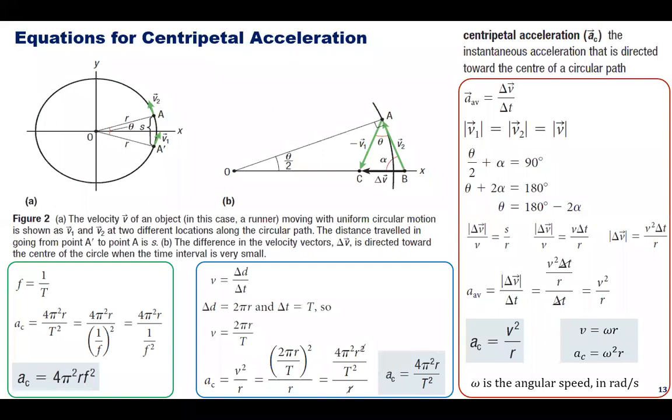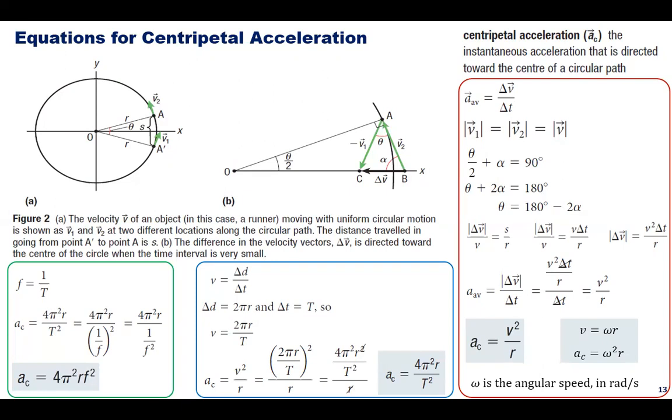Half of theta plus alpha equals 90 degrees, which means theta plus 2 alpha equals 180 degrees, which means theta equals 180 degrees minus 2 alpha. When you add the two equal angles, alpha, within triangle BAC to the third angle, they equal 180 degrees. So the third angle must equal 180 minus 2 alpha equals theta.